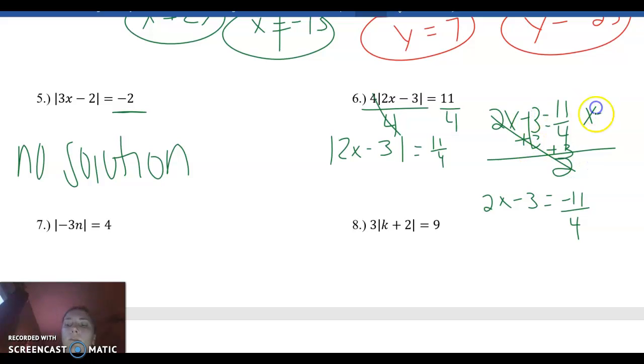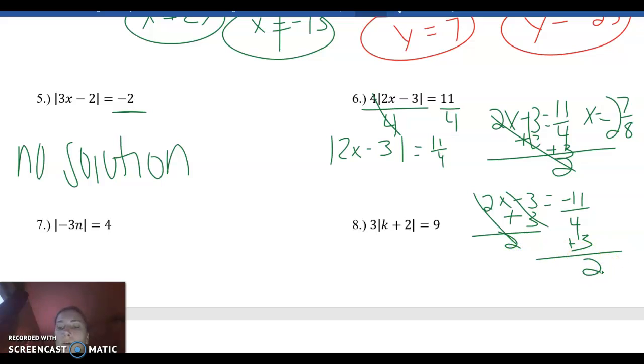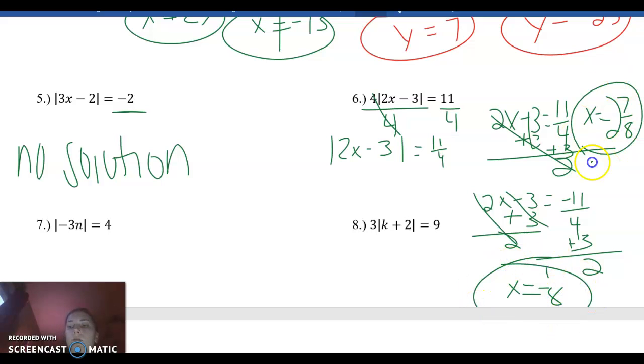You're left with that first one. We should end up with x is equal to 2 7/8. And when we add 3 here and add 3 and then divide by 2, we are left with x is equal to 1/8. So those are our 2 possible solutions there for number 6.